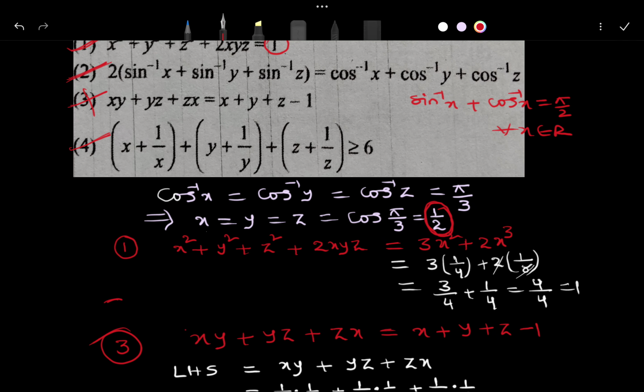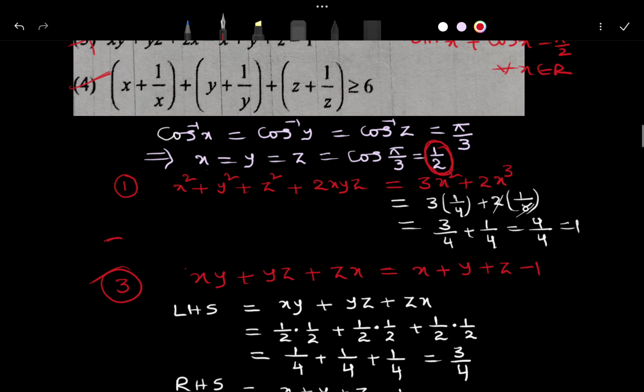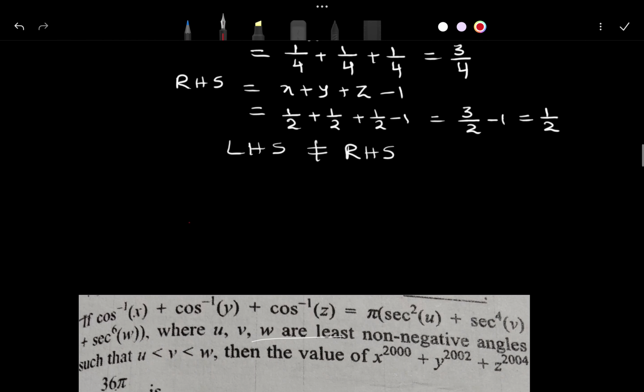Okay, so now one more question in this concept. All of you see here, read this question very carefully. What is the condition in this one?